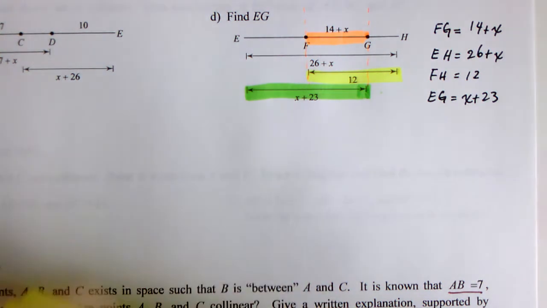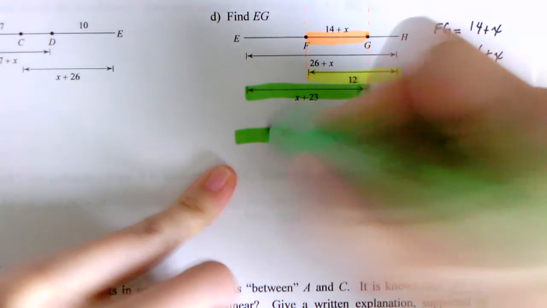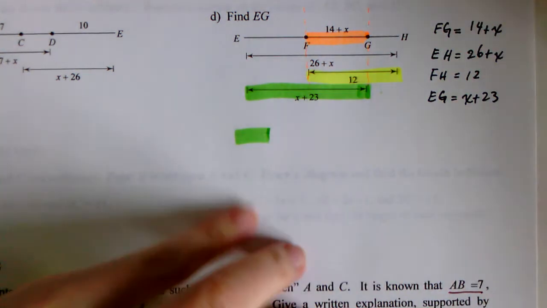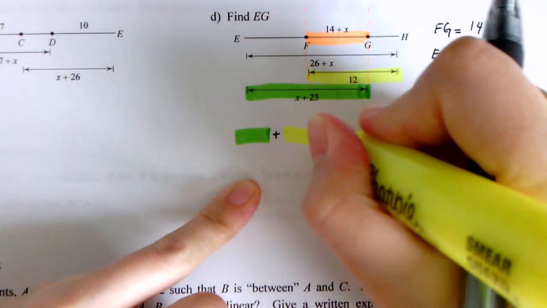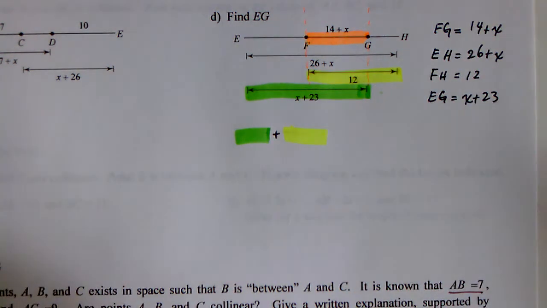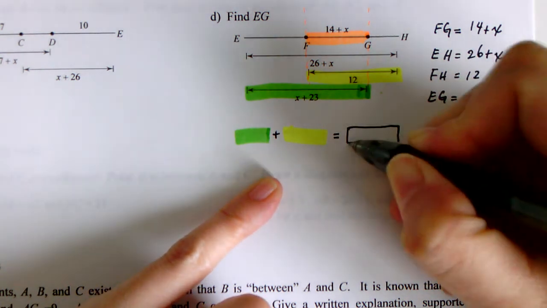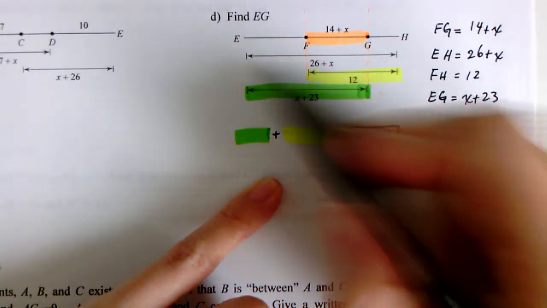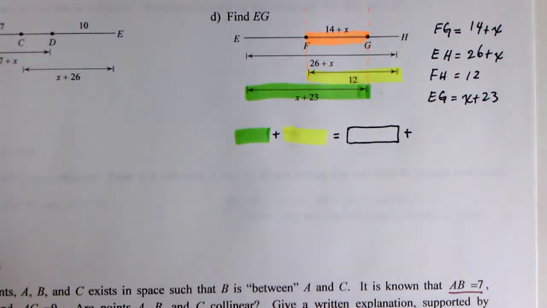So in other words, if I wanted to write that into my understanding, if I have the green plus the yellow, it is going to equal the whole segment. I did not color it, so it's left blank, the whole segment, plus, well, how much more, right?